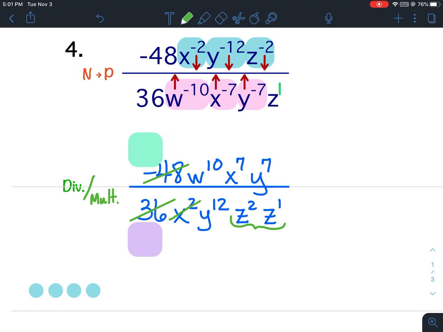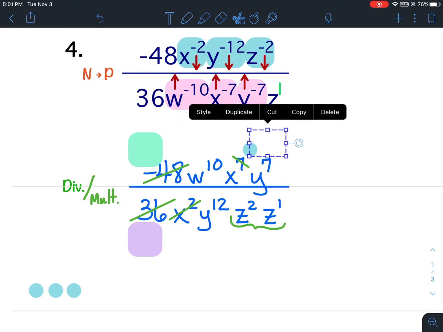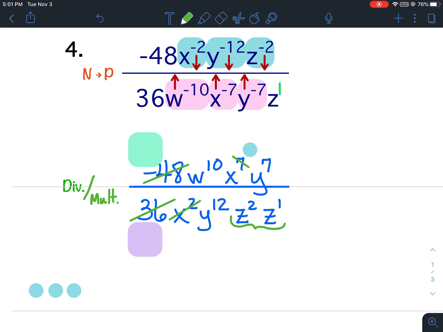X to the 2nd has the smaller exponent. So you're going to find the exponent for the x in the numerator. Y to the 7th has the smaller exponent. So you're going to find the exponent for the y in the denominator.